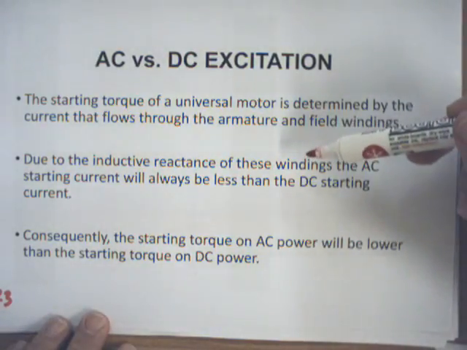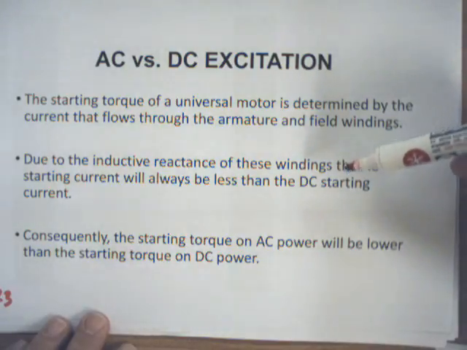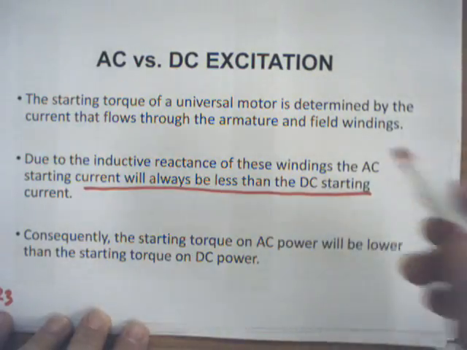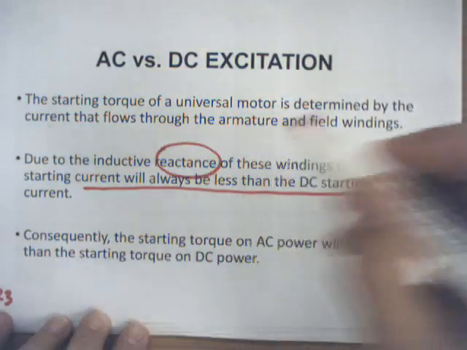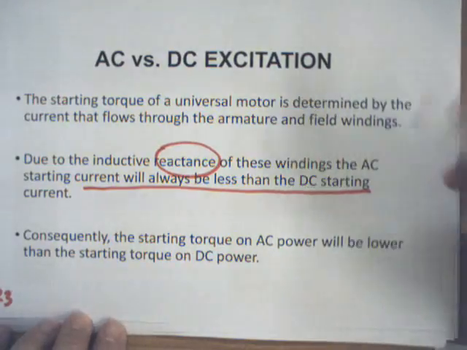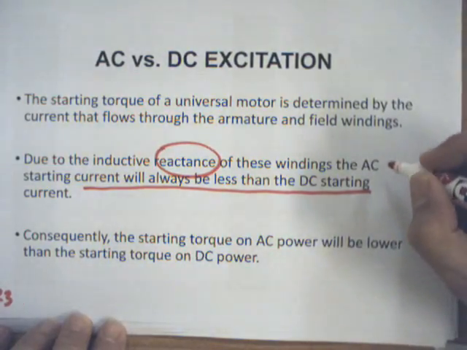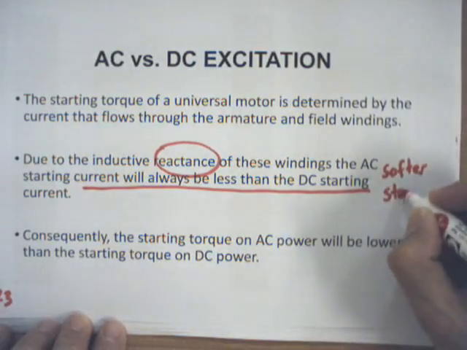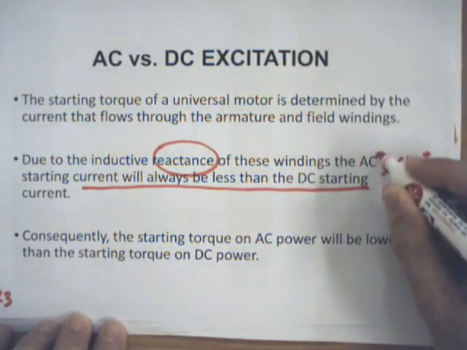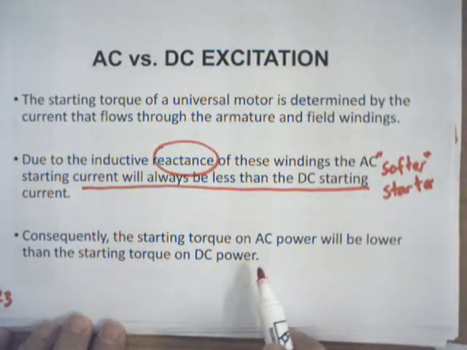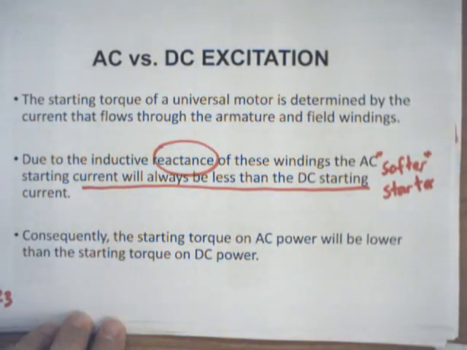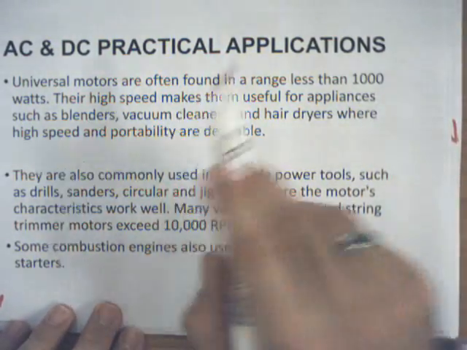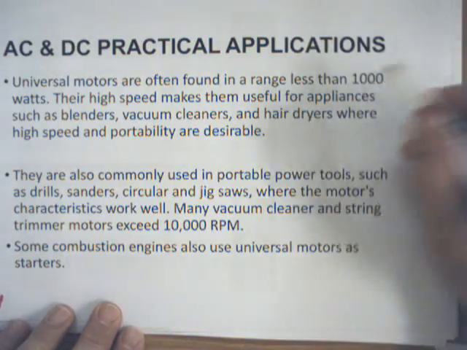Due to inductive reactance of these windings, the alternating current starting current will always be less than the DC starting current. Why? Because we have reactance. So AC excitation has a so-called softer start. Consequently, starting torque on AC power will be lower than DC.